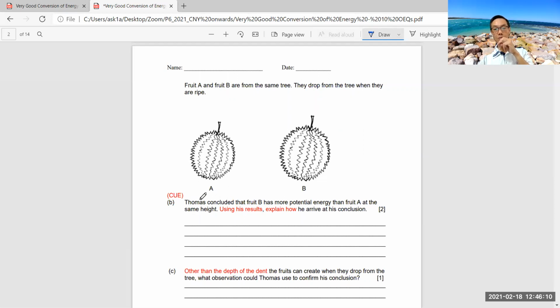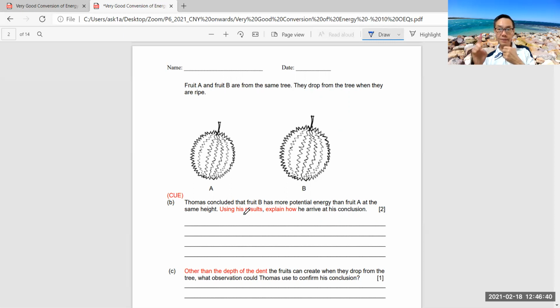So here, Thomas concluded that fruit B has more potential energy. In this case, it is because it's hanging up in a tree, right? So we tell students that this is investigating gravitational potential energy. Thomas concluded that fruit B has more potential energy than fruit A at the same height, which is a theoretical fact.